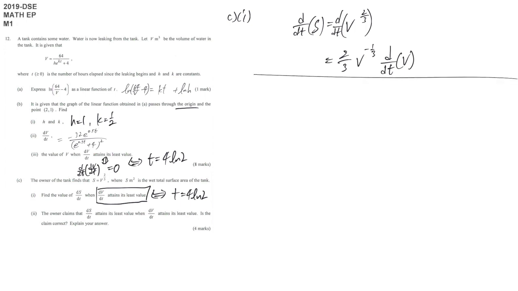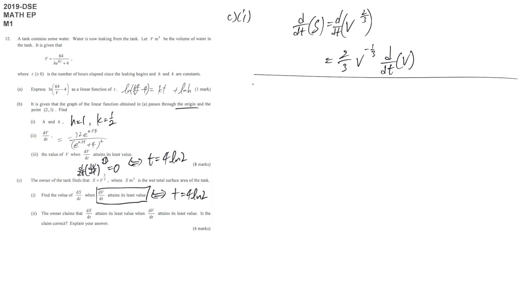Therefore, there are 2 items you need. At t equal to 4 natural log 2, you need to get the corresponding v, which is the answer in part B3. We also get the value of dv/dt when t is equal to 4 natural log 2.